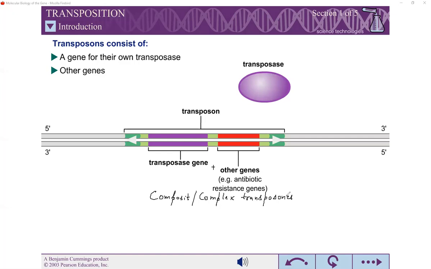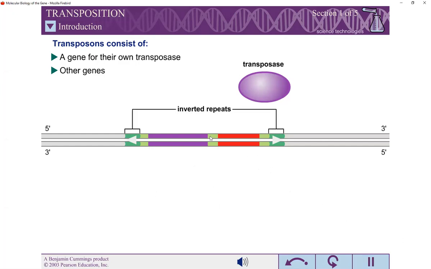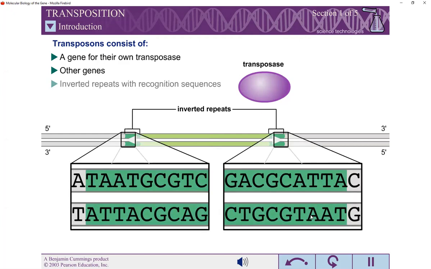Now, moving forward. The very ends of a transposon's DNA are arranged as inverted repeats.